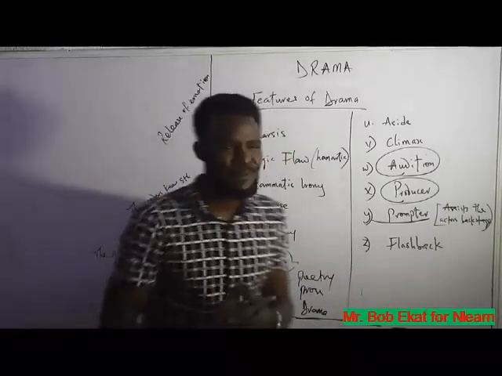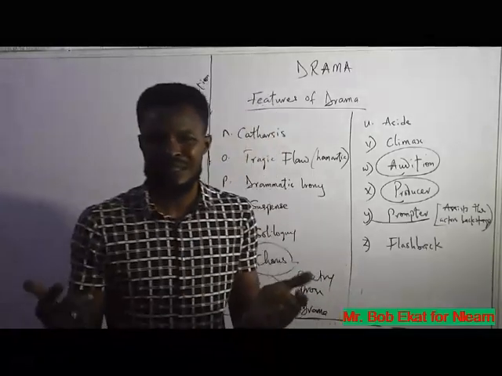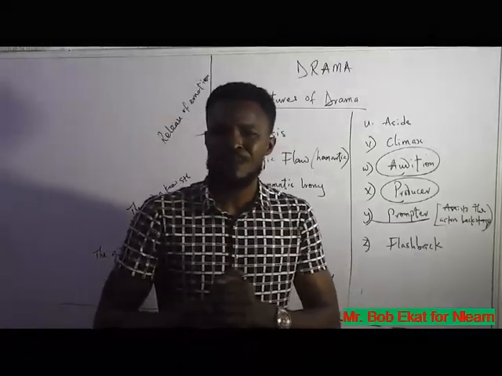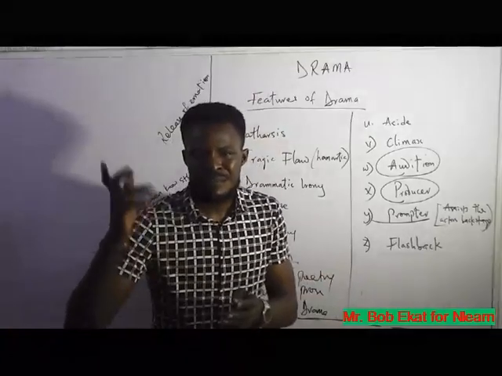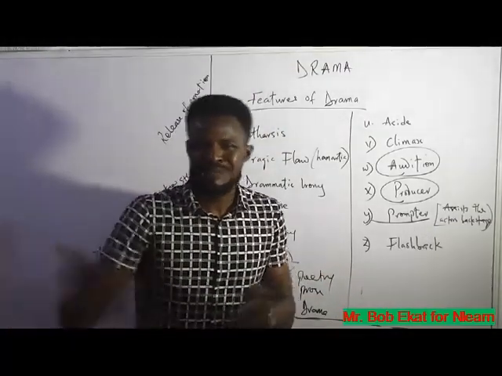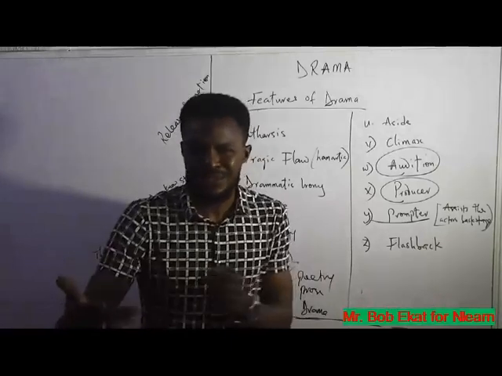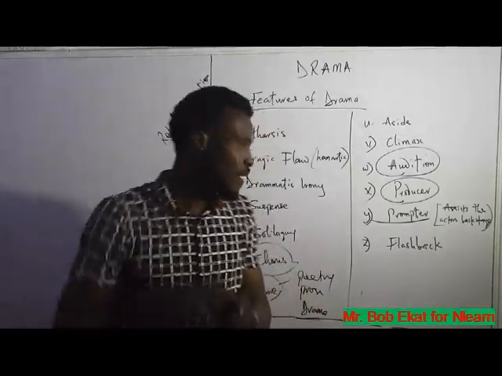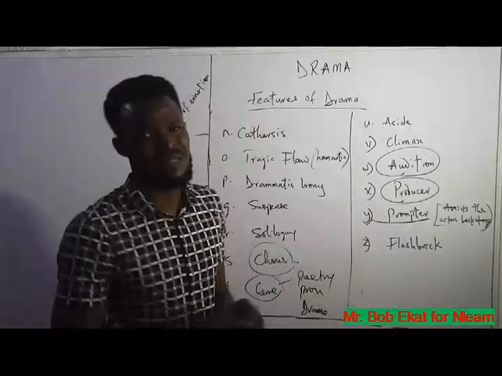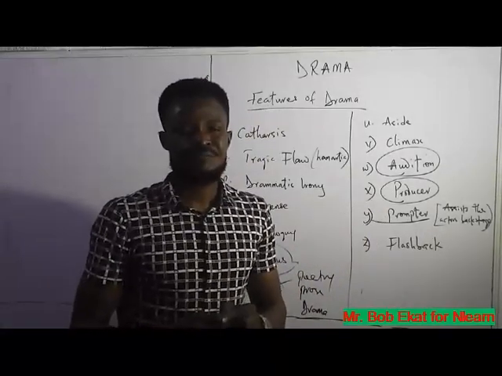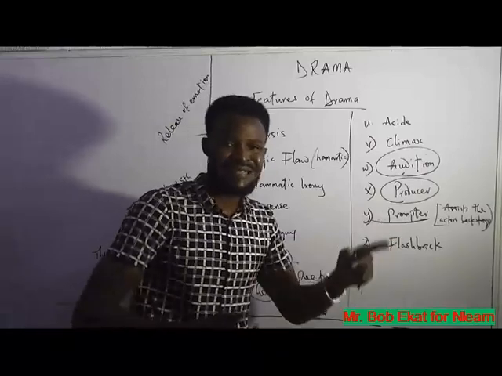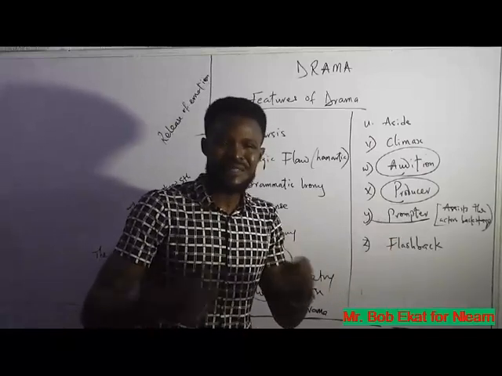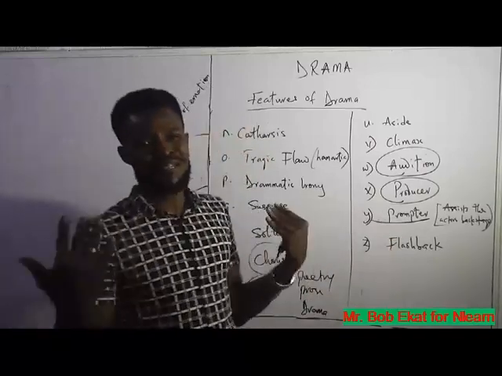So the prompter helps them achieve so many things. There are times when the prompter helps an actor remember his or her lines, remember certain actions that he or she is supposed to play out on stage. While you don't see the prompter, the prompter is very important because such a person assists the actors in so many ways backstage.